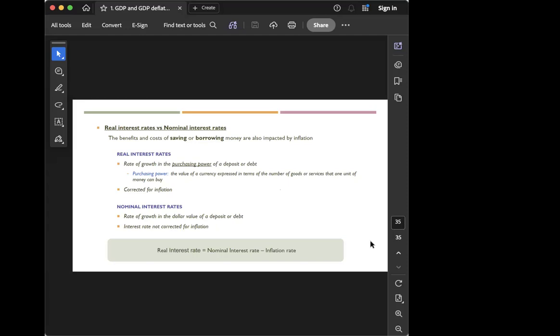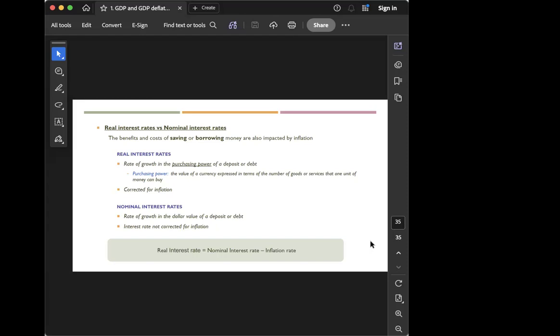So we can briefly summarize today's lecture. We first reviewed that GDP can be measured by expenditure, income, or output. Then we focused on the expenditure approach, with the formula Y equals C plus I plus G plus NX. We also discussed real versus nominal GDP, how to calculate them, and how the GDP deflator helps us measure the inflation rate.